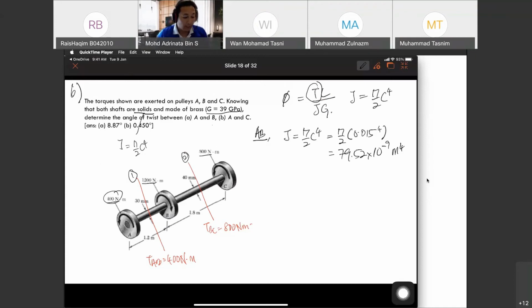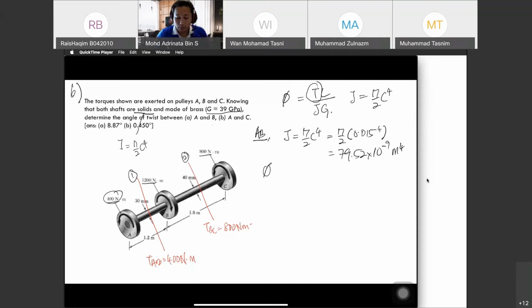Then only can we get the angle for AB, TL over JG. T is equal to 400 Newton meter, length is 1.2 meter, J is 79.52 times 10 to the power of negative 9, G is 39 times 10 to the power of 9 Pascal.